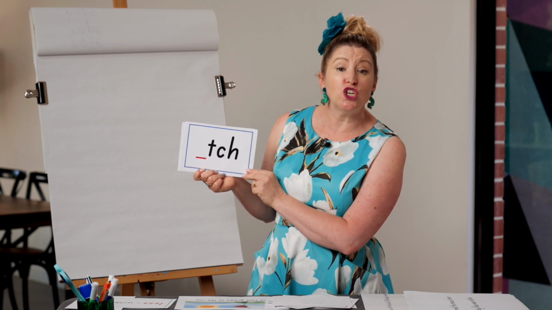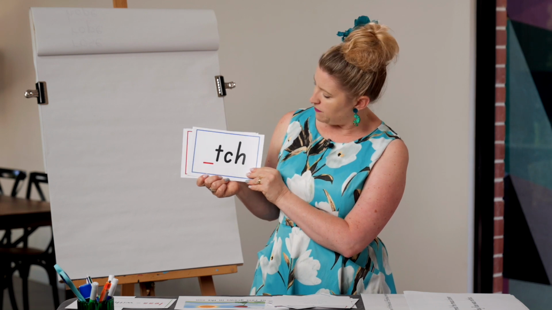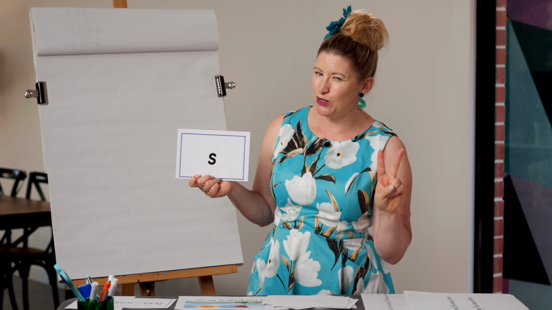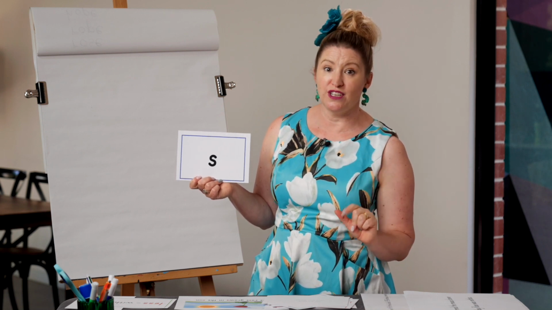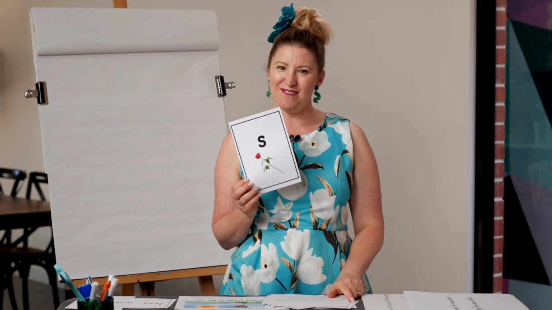TCH making ch, end of words, short word following a short vowel. Or, and two sounds, what were they? S and z. Z as in rose. Do you remember that one?